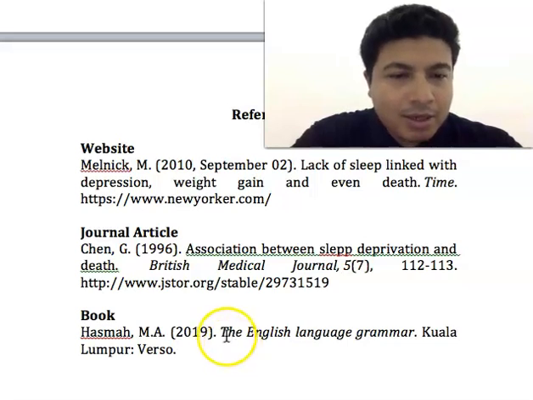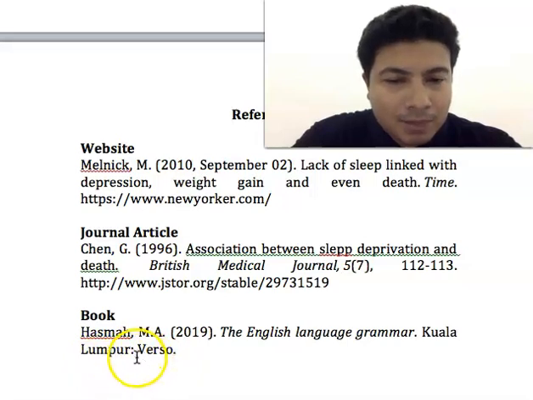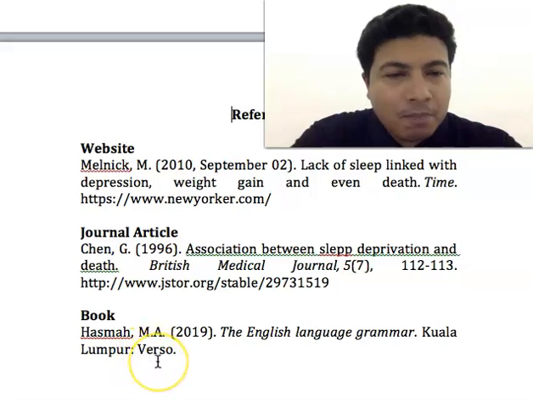So here the title of the book is italicized, full stop, where the book was published. So it was published in Kuala Lumpur, colon, followed by the publisher.